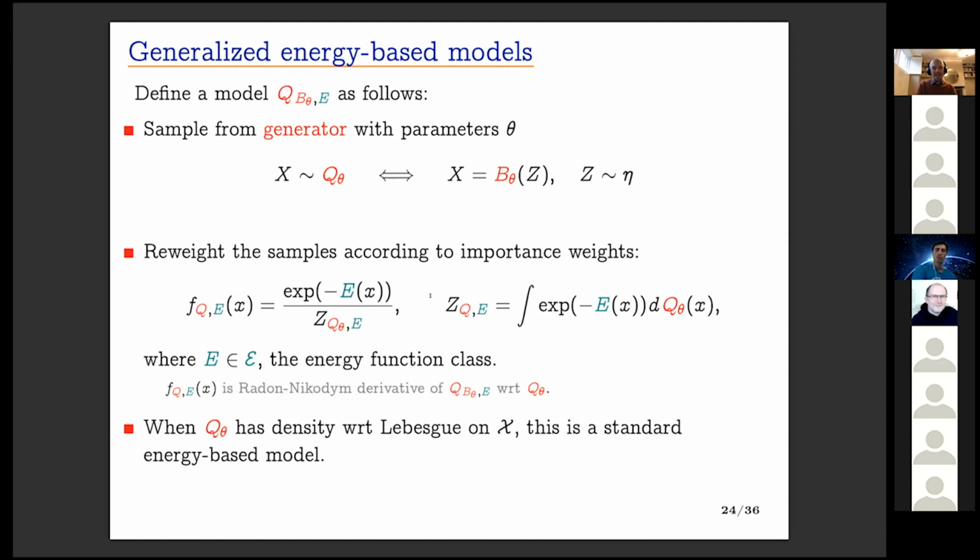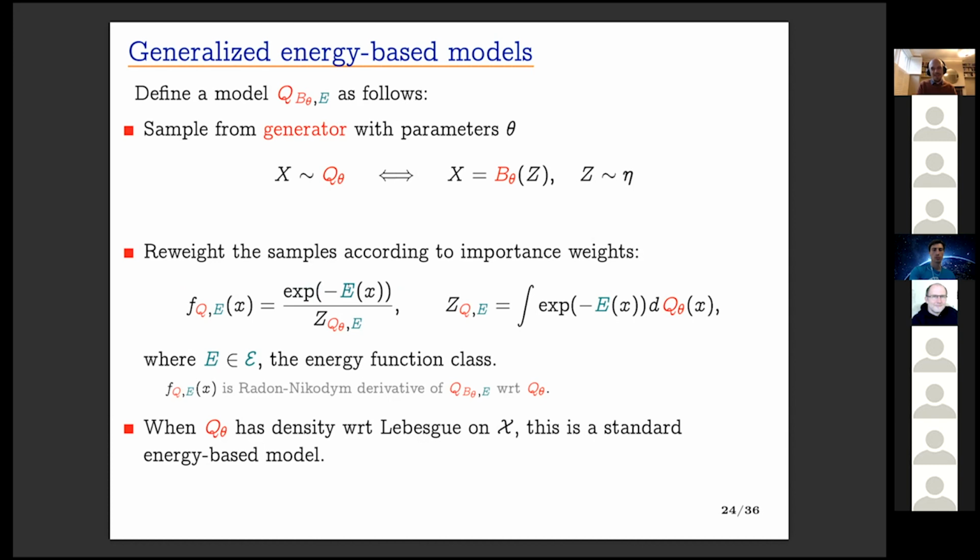And so my end-to-end model will take x generated through this network and then weighted by e to the minus energy, divided by this normalizing constant, which is e to the minus energy integrated over the measure from my generator. So that is what this Q is. My end-to-end model takes my generator samples and weights them by e to the minus energy.